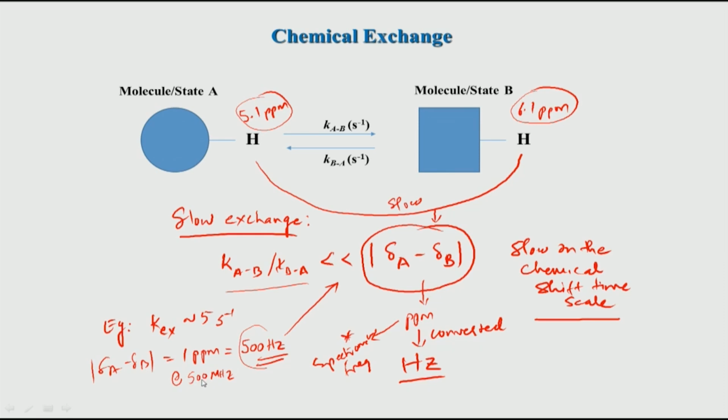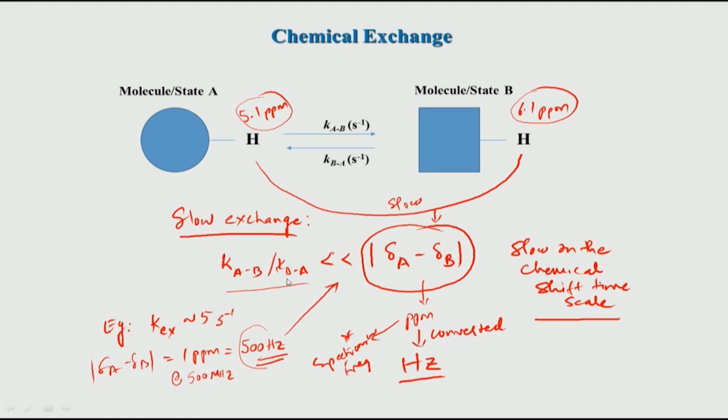Even 50 hertz is still much bigger than 5 hertz, but suppose the K exchange is also 50, meaning the hydrogen atom jumps from here to this molecule 50 times in a second. Then 50 and 50 become almost equal, and this condition is not satisfied.